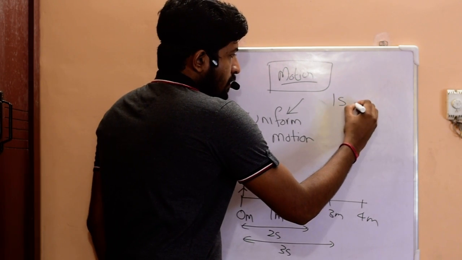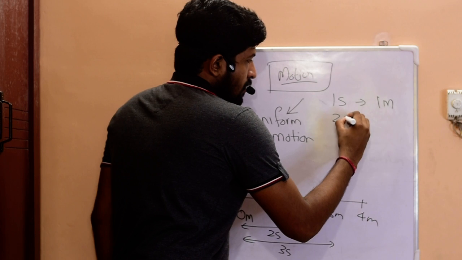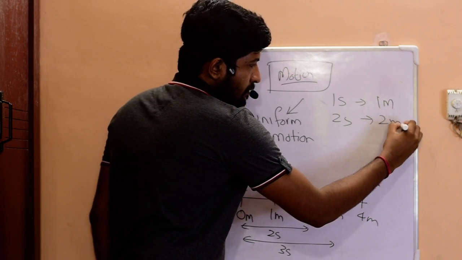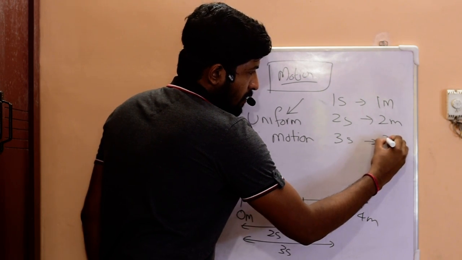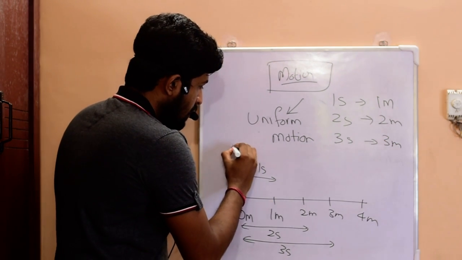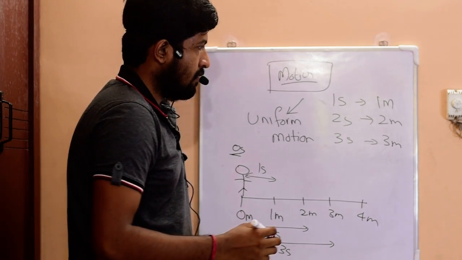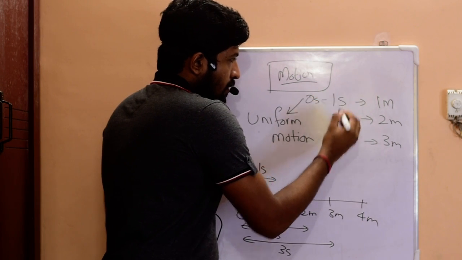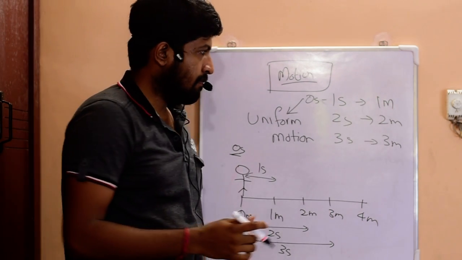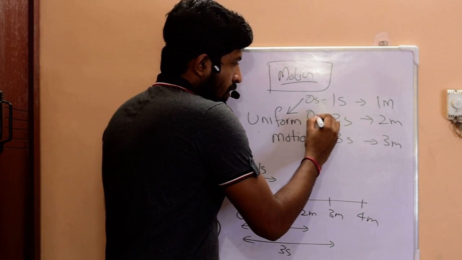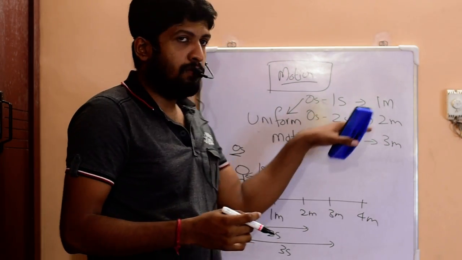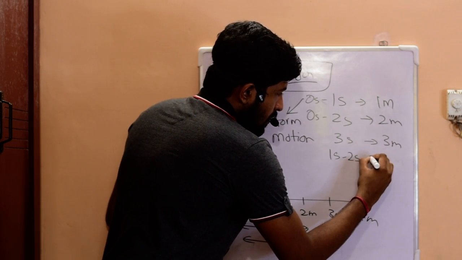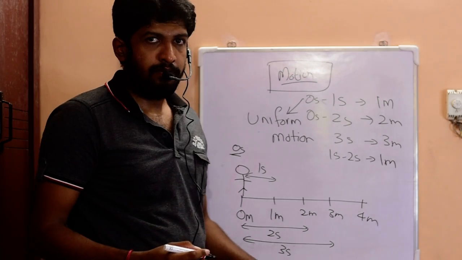So for the first second it is 1 meter. For a total of 2 seconds it is 2 meter. And then for 3 seconds it is 3 meter. From 0 seconds to 1 second he travelled 1 meter. From 0 second to 2 second he travelled 2 meter, that is, from 1 second to 2 second he travelled 1 meter.